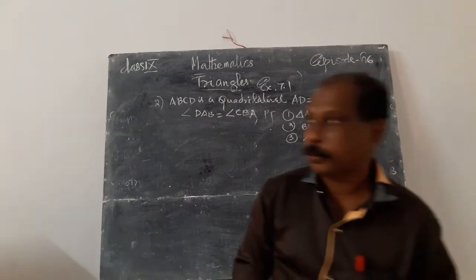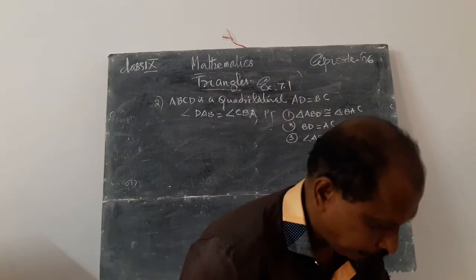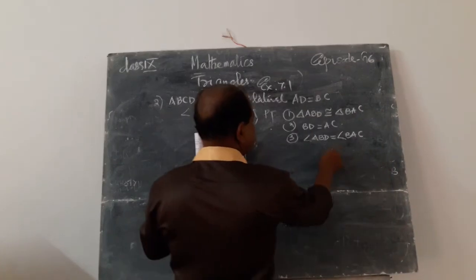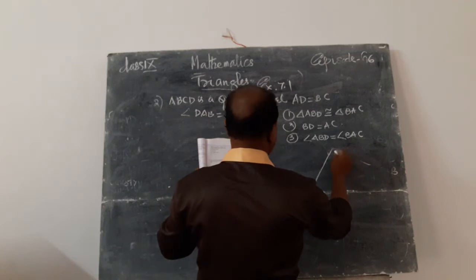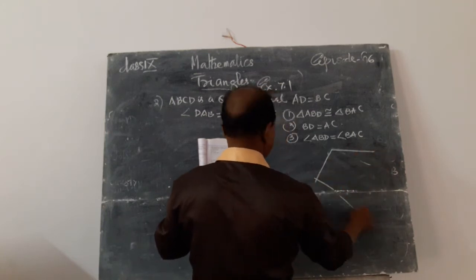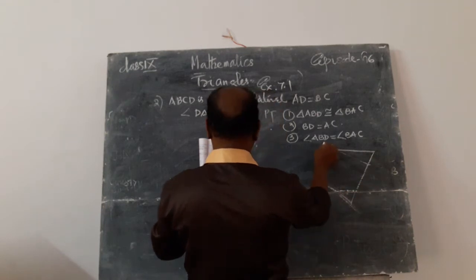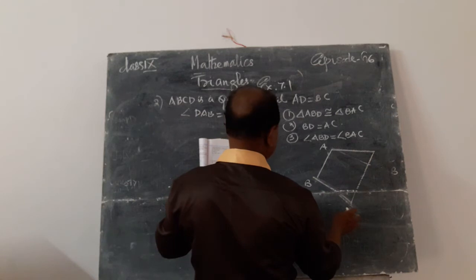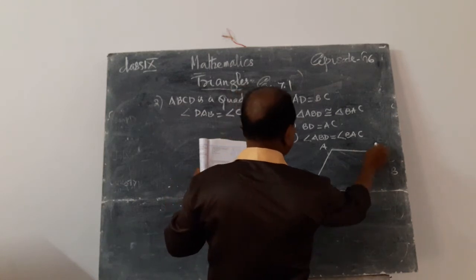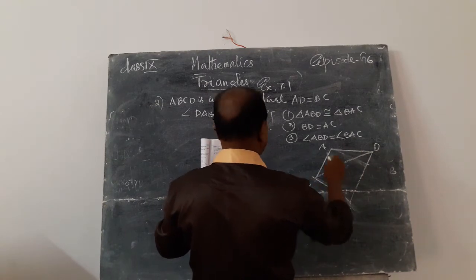These are the answers for that problem. Then draw that quadrilateral ABCD. A, B, C, D. Then join these two.